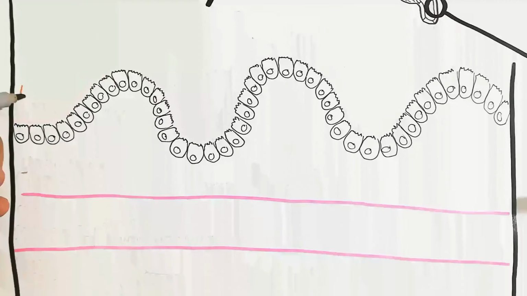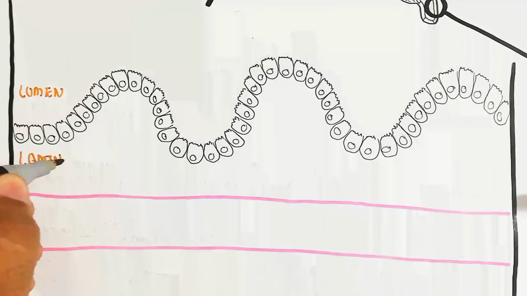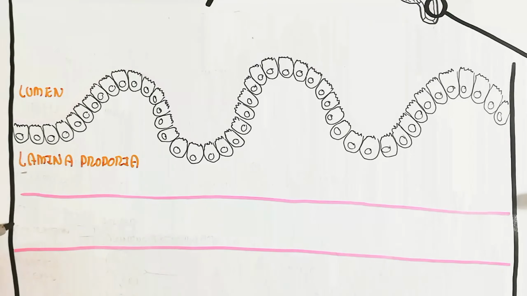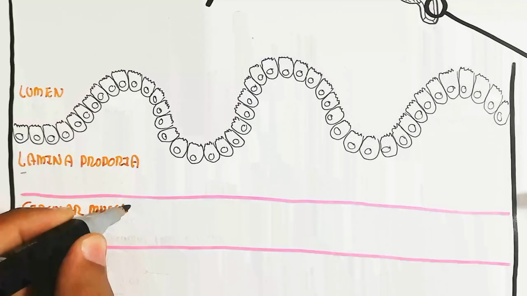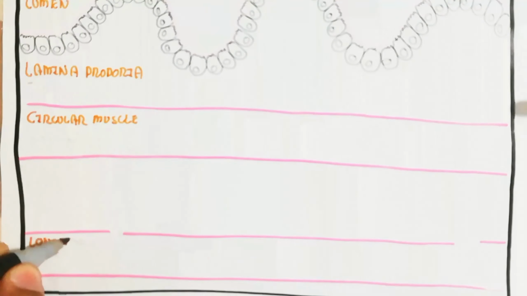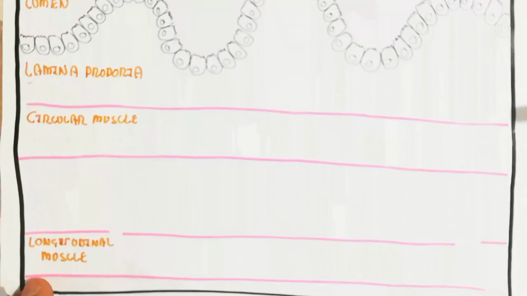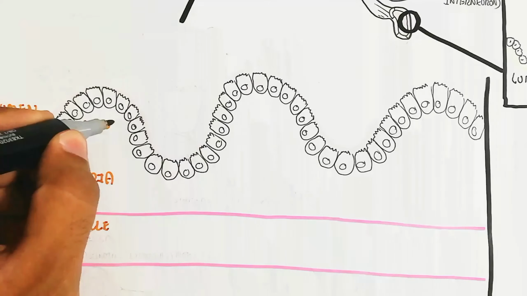Let's understand here from oral to anal. This is the lumen, lamina propria, and the circular muscle. The lamina propria contains the submucosal plexus, and then there are the circular muscle and the longitudinal muscle.